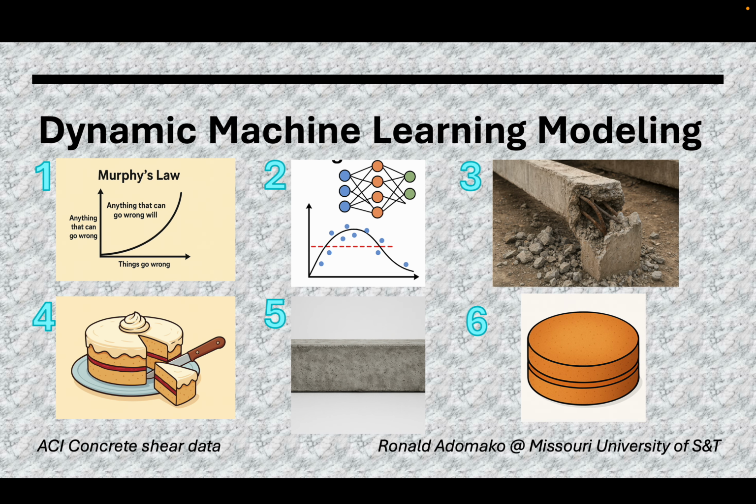Now, we know that no two cooks bake a cake the same, and that is very similar to concrete. Concrete has a bunch of ingredients, so the objective is to improve prediction modeling and user integration for large nonlinear data. And how did we do that?